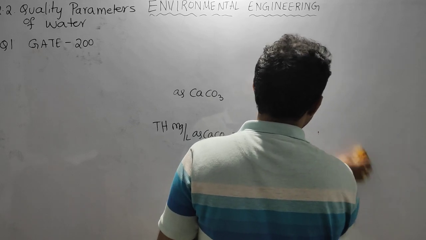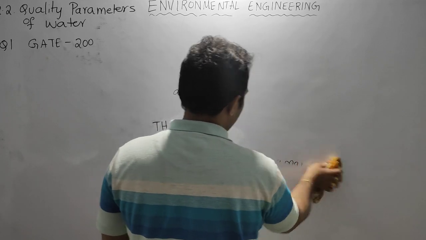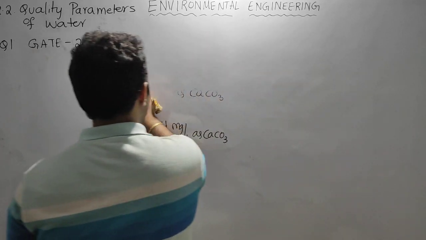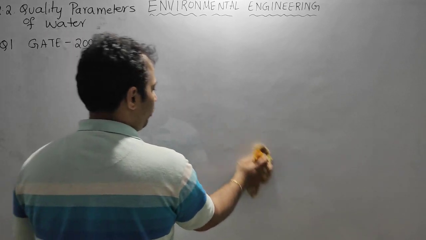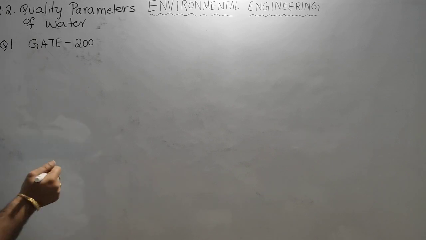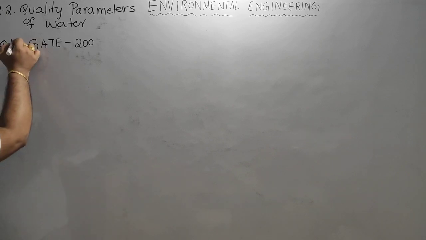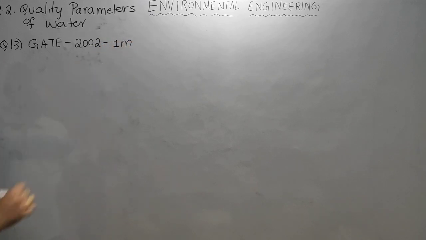The way of asking may change, but the concept behind the question will be the same. That is why we need to learn the concepts and apply them everywhere. That is the only thing we can do to achieve good marks. So again the same question.